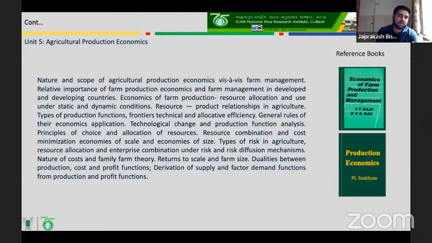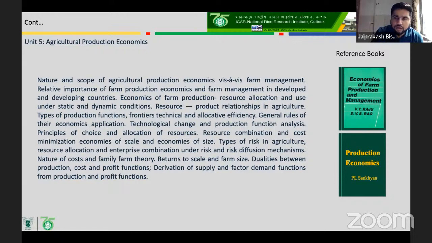So you have to make sure that you know about these production functions, because they appear in examinations very frequently, in prelims and mains, whether you are preparing for NET or for the ASRB ARS examination. You cannot skip production functions. So you have to refer to P.L. Sankhayan or any other source where production functions are given in detail.